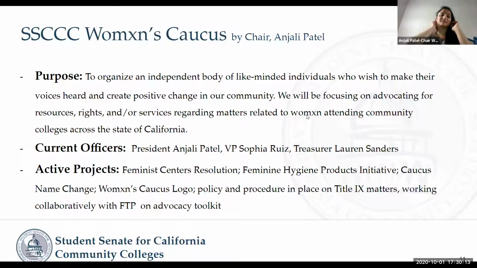Right now we are also reaching out to all the colleges on Title IX matters, because one of our members brought up that there are different policies and procedures on their campuses versus our campuses. So we are trying to find out what policies and procedures are in place regarding Title IX matters.